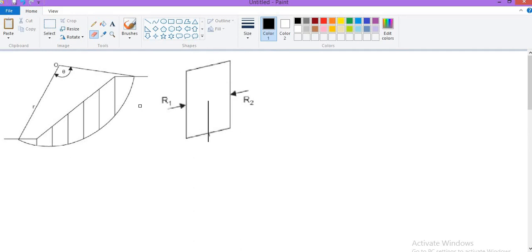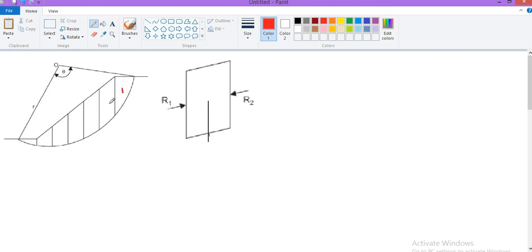The difference here is again there is a slip circle, as you can see. This is the slip circle, and what we do is we divide this whole slip circle into a few slices.